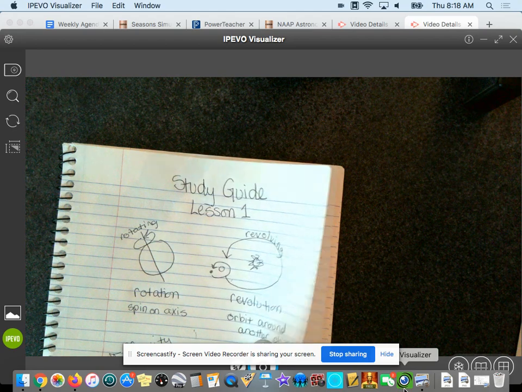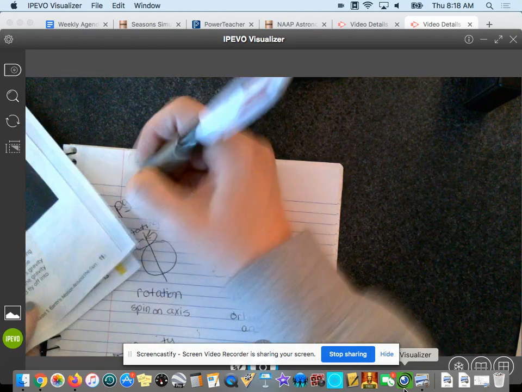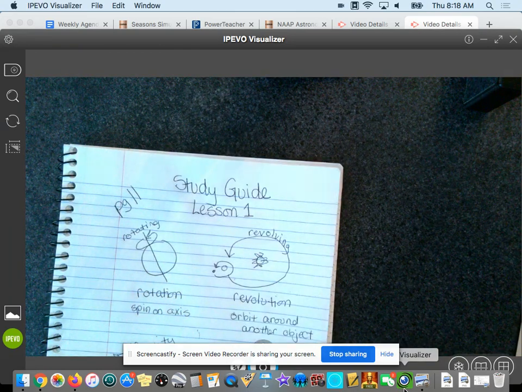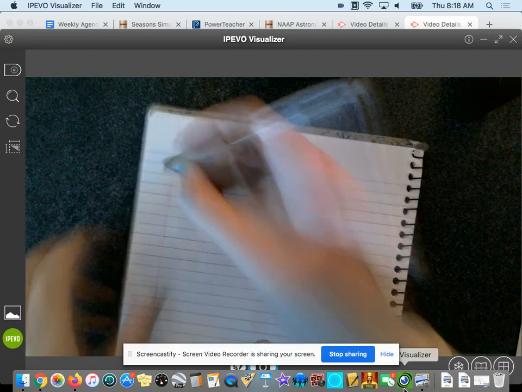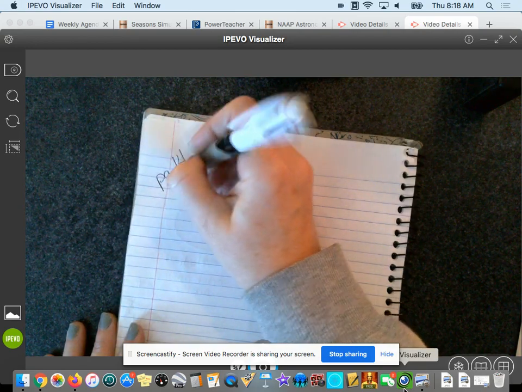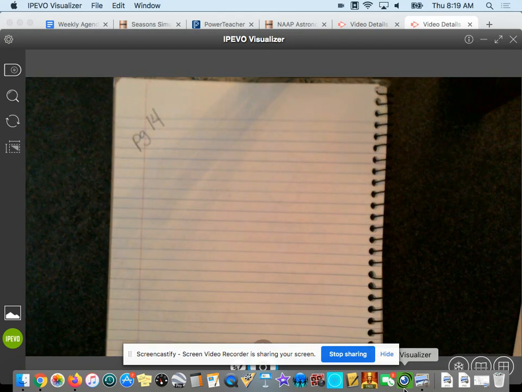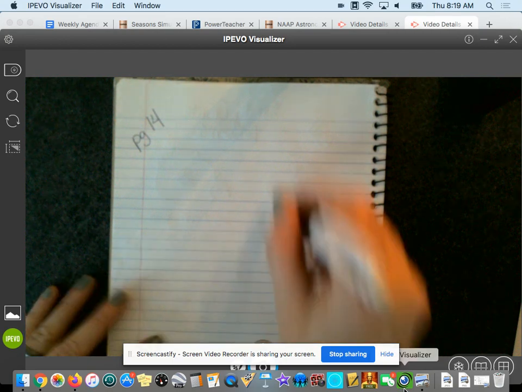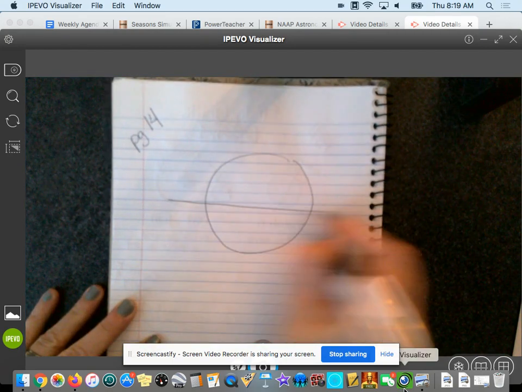So now I'm going to take notes. This was page 11. Now we'll take notes on page 14. And page 14 was all about the curved surface being just like a tilted surface. So here's Earth. Here's the equator.